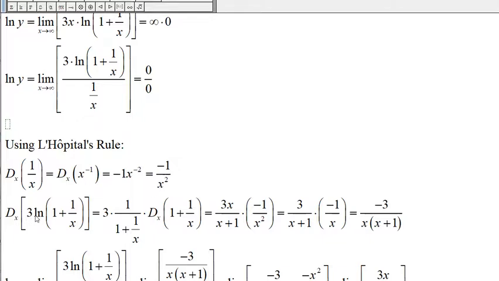Derivative of 3 times the natural log of 1 plus 1 over x would be 3, and then since we have natural log of this expression, the derivative would be 1 over 1 plus 1 over x times the derivative of 1 plus 1 over x.